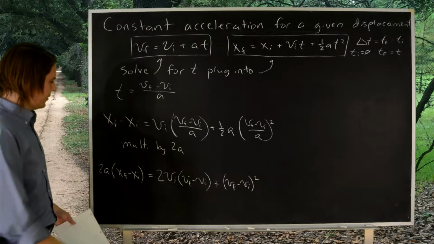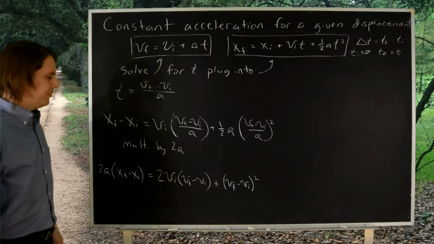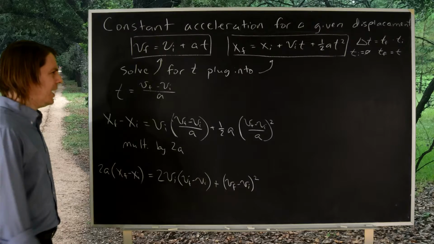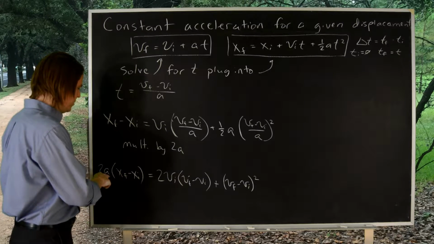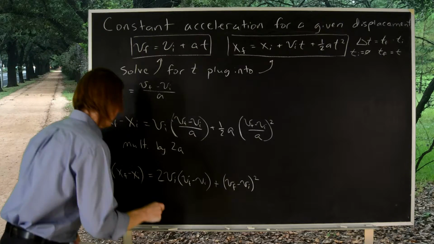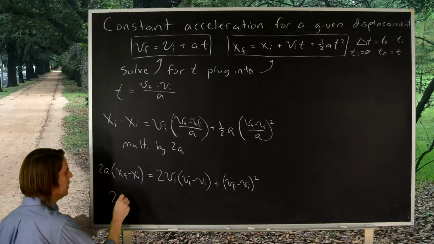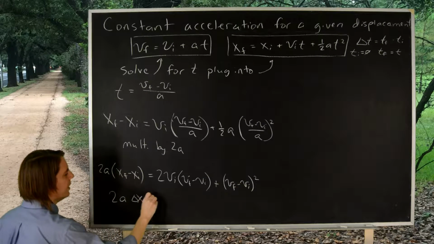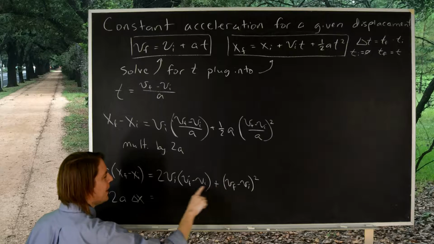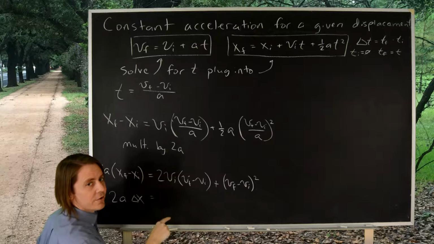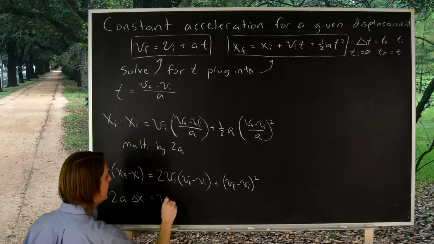And you look at that and say, okay, well, that's not really fun to memorize either, is it? So what we're going to do is write this as 2A, I'm going to go ahead and write it as delta X, just to get us there. 2A delta X. And then here, notice you can factor out the change in velocity, V_f minus V_i.